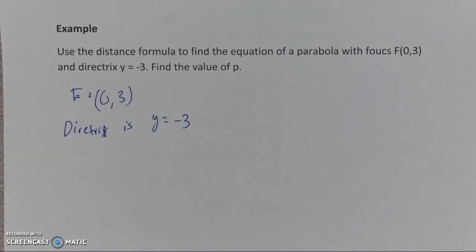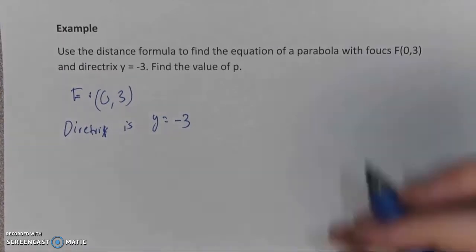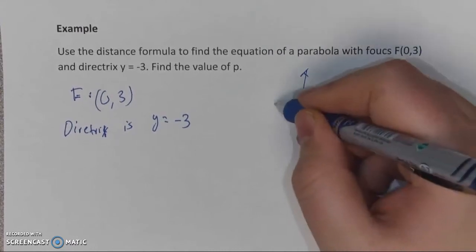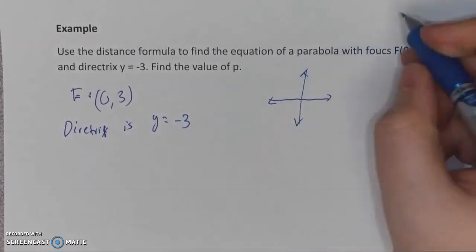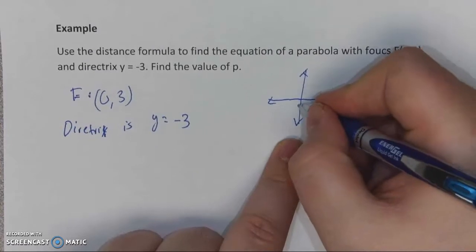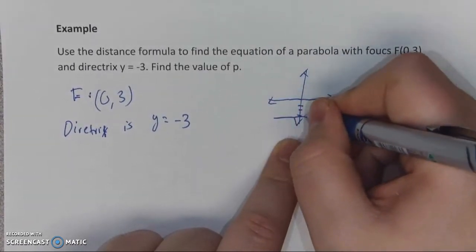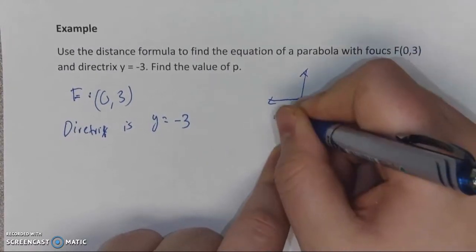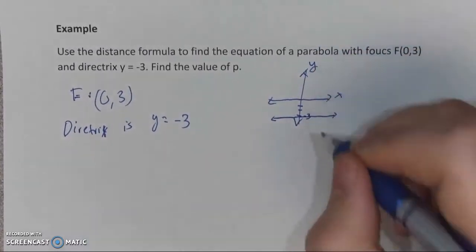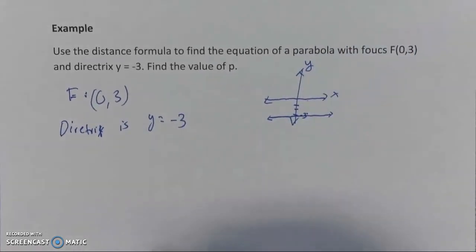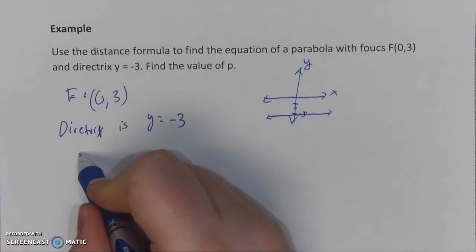But how can I write y equals -3 as a point? If you think of y equals -3 as a graph, you would go down to -3 on the y, and any x value I picked, I should get -3. So any value of x would give me -3 for this equation. So what I could write is this.